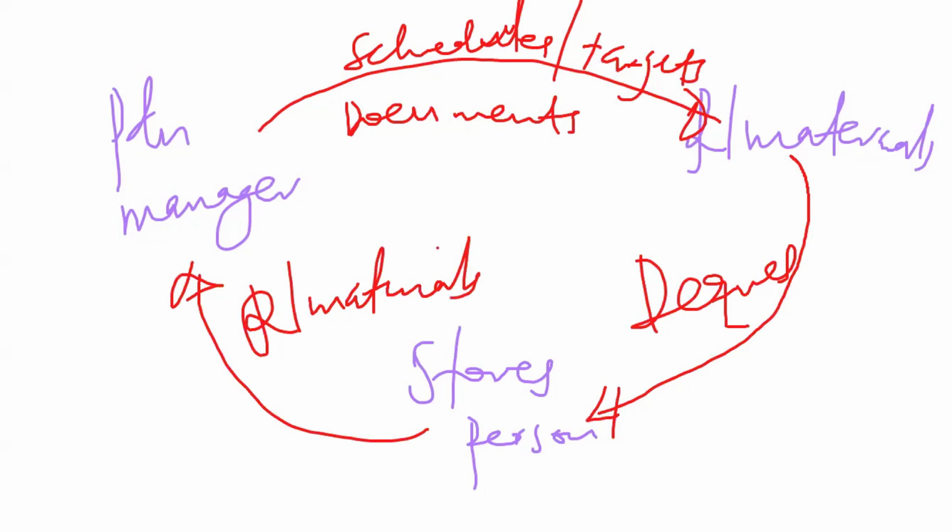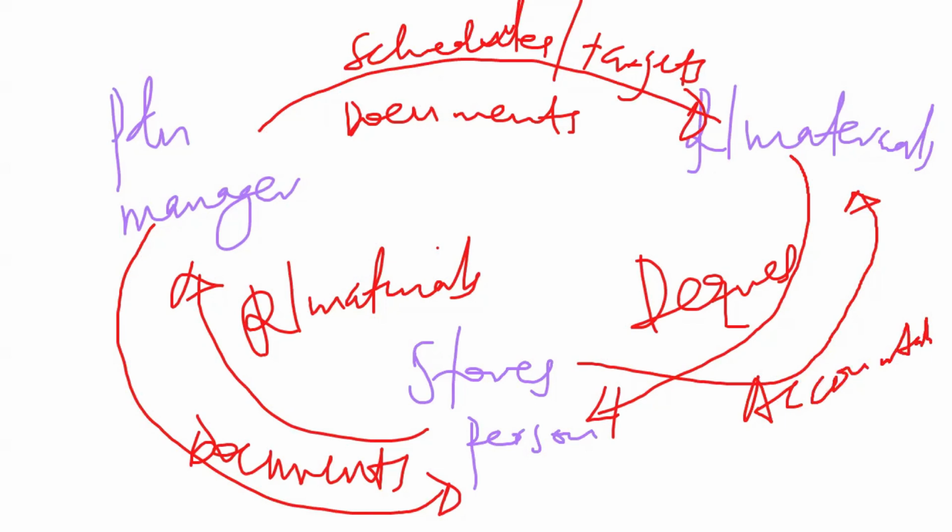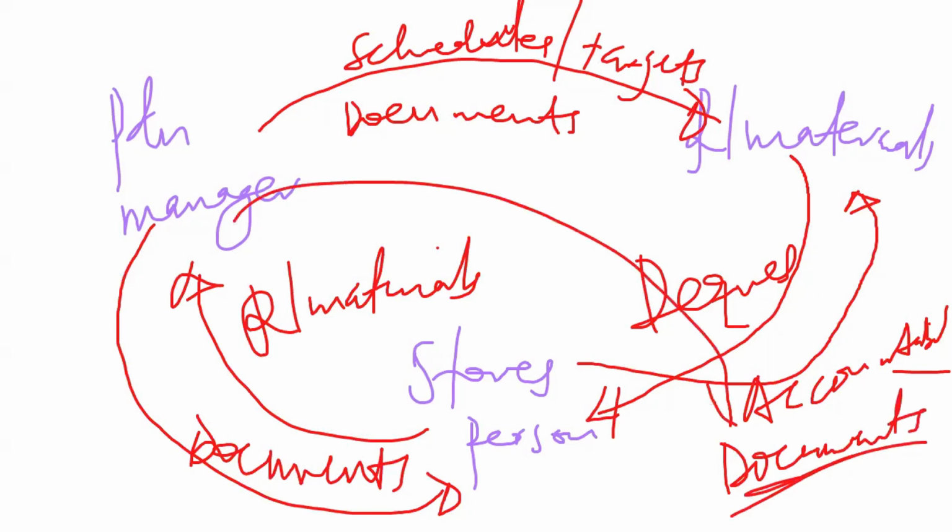But in the end, this person is going to be providing some documents to the stores for accountability. Because also the stores department has to keep those documents to account for the raw materials that are available in the store. So there is accountability here, and it is the accountability that is requesting for those documents that are raised by this person here.